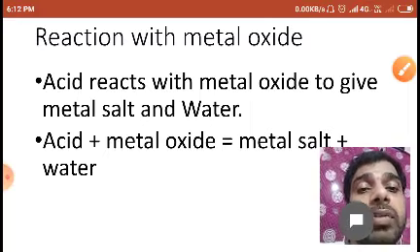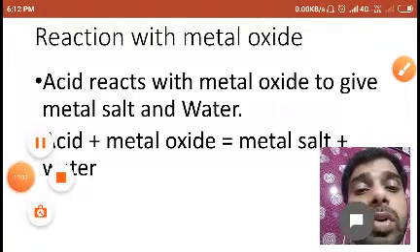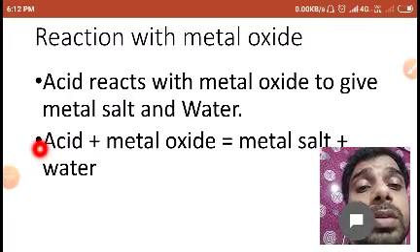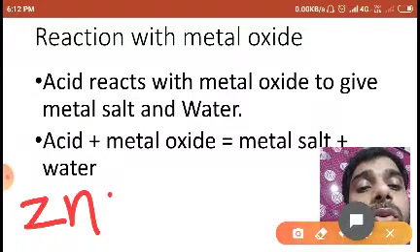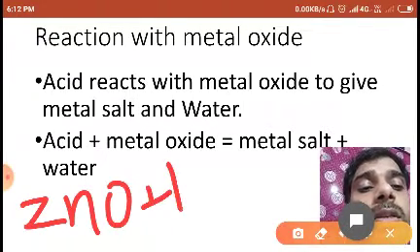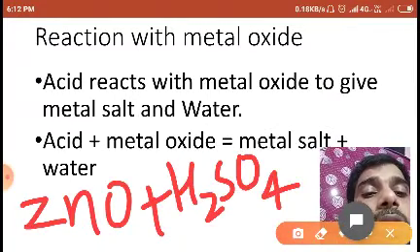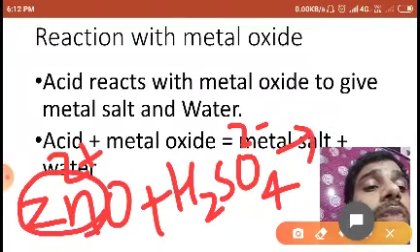Second example: ZnO, that one is a metal oxide, plus H2SO4. What will it form? Zn has 2 plus valency, SO4 also has 2 valency.